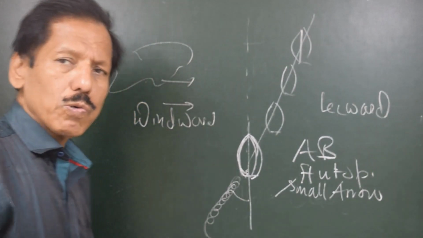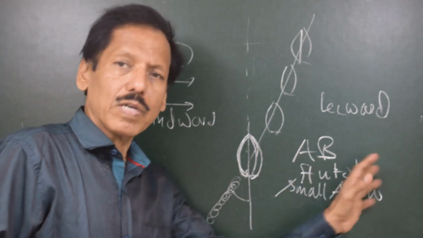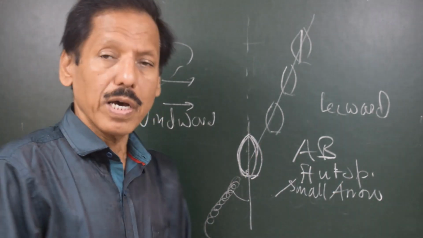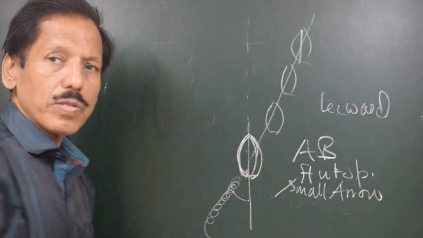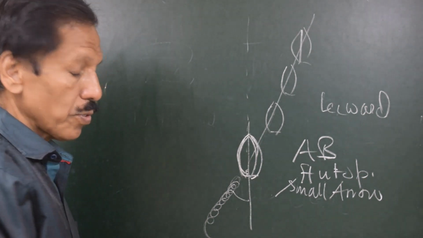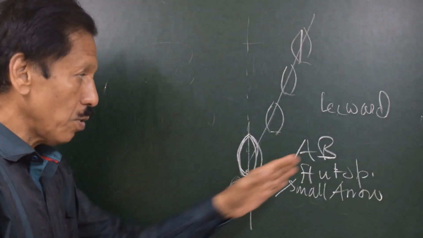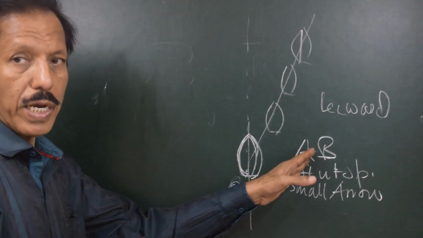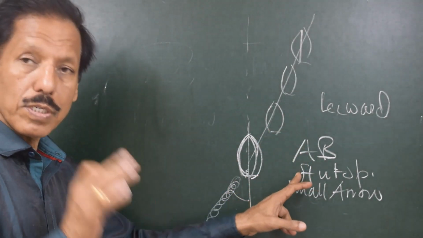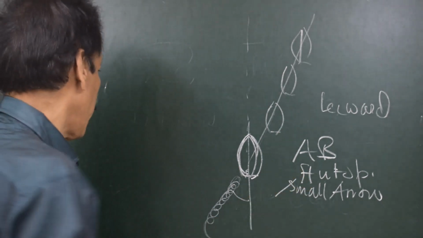We will not use very high technical terms. We'll call that line the small arrow line. The course given to the AB to maintain, or the course set on the autopilot, is the small arrow line.